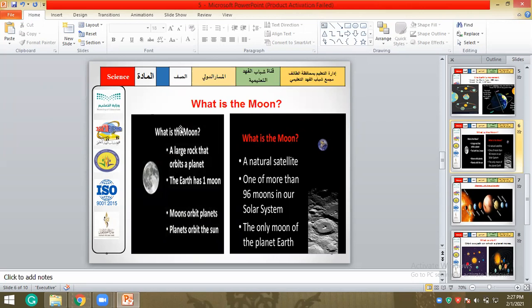A large rock that orbits a planet. The Earth has one moon. Very good. Moons orbit planets. Planets orbit the sun.